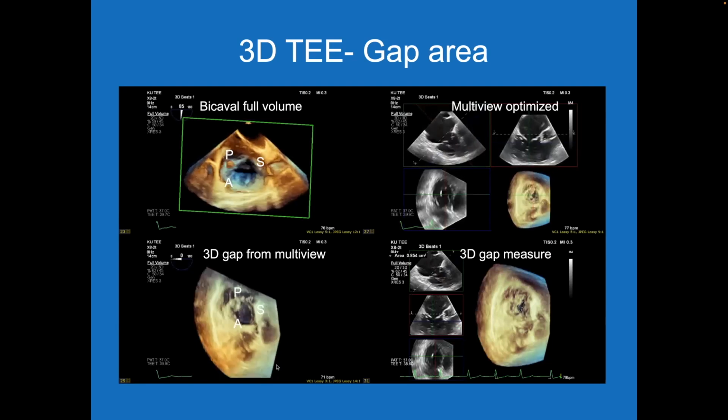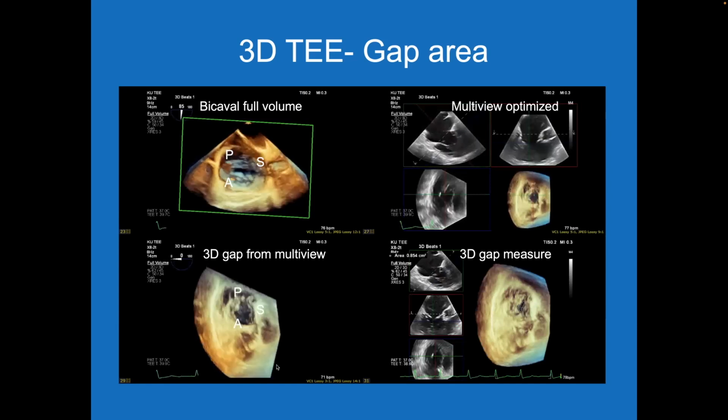Prior, this was 3DQ on the Epic or the Philips system, which you had to do offline, but now you can do live reconstruction where you can align your planes to the tricuspid valve, as you can see on the top right. So that's an optimized view there, where I've created a region of interest and actually shown the plane to go straight through the RV and the region of interest I want to see.